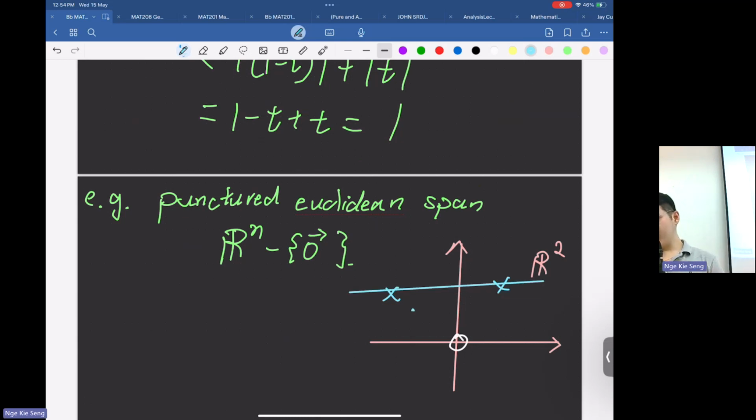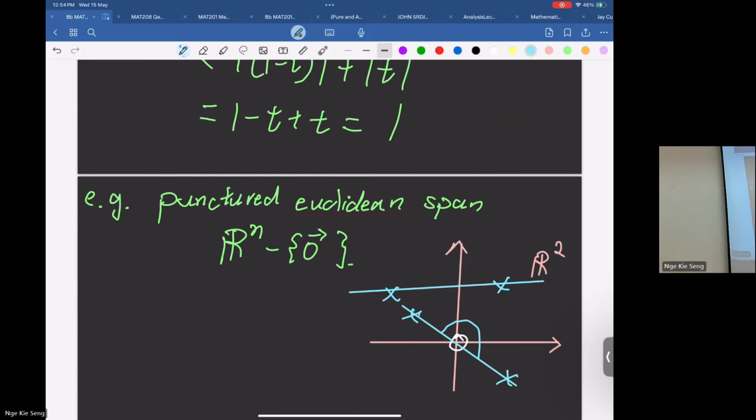If these two points are such that the straight line passes through the hole, then you need to make some detour. You don't take only the straight line, you take a detour around the puncture. This is complex analysis, right? Have you done the contour thingy?